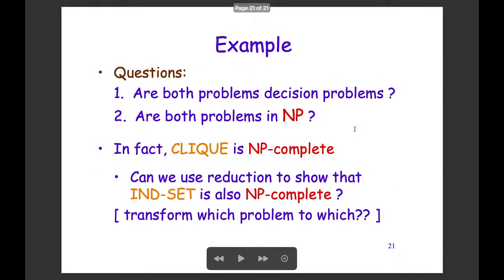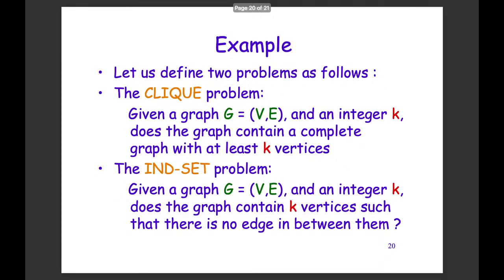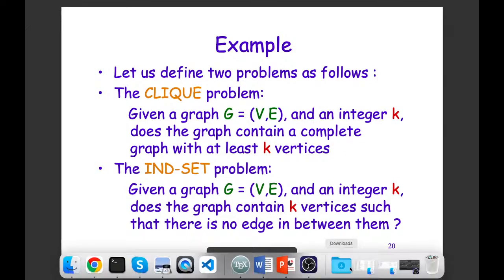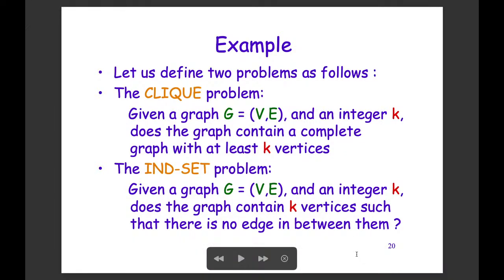So we construct a complement graph of G, and then give our friend this complement graph. Whenever our friend says yes, then we know that the k vertices in the complement graph are not connected to each other, so that in the original graph, they must be connected to each other.